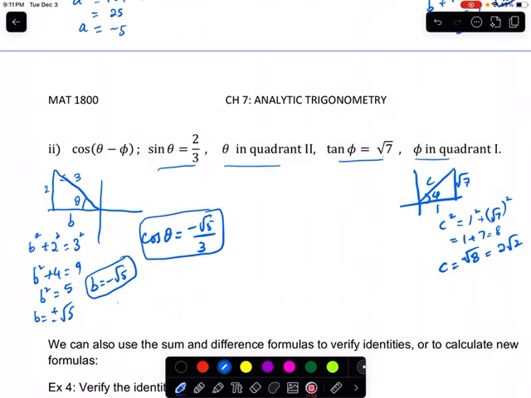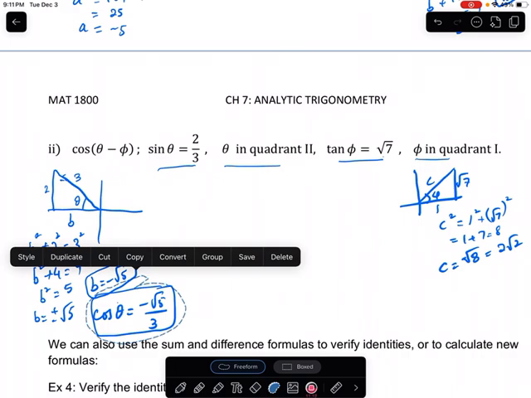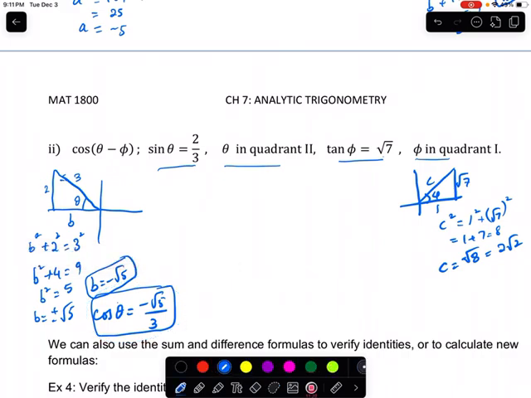Okay, so now let me move it over here just to save the space. So first we write the formula.